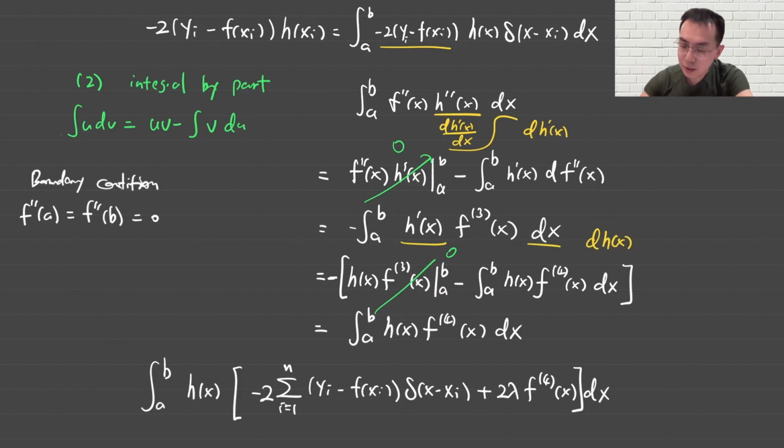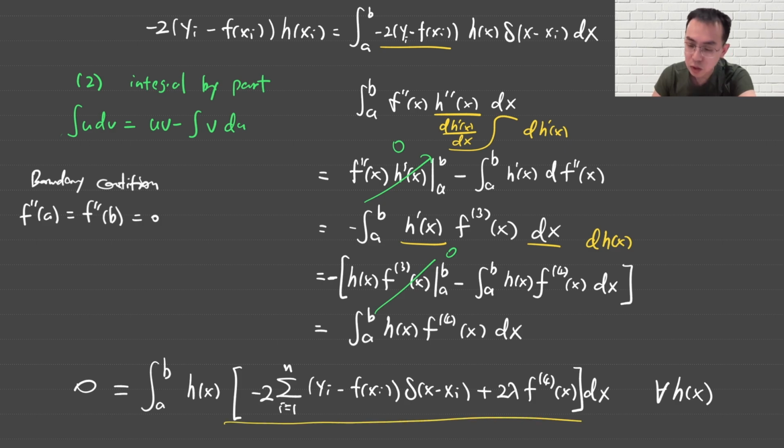So remember that this has to hold for all functions h of x, right? And now we have a nice form. Remember this must equal 0 for all functions h of x. That means the only way to make that possible is this whole thing equals 0. So that's the only way we have the functional derivative equal to 0.